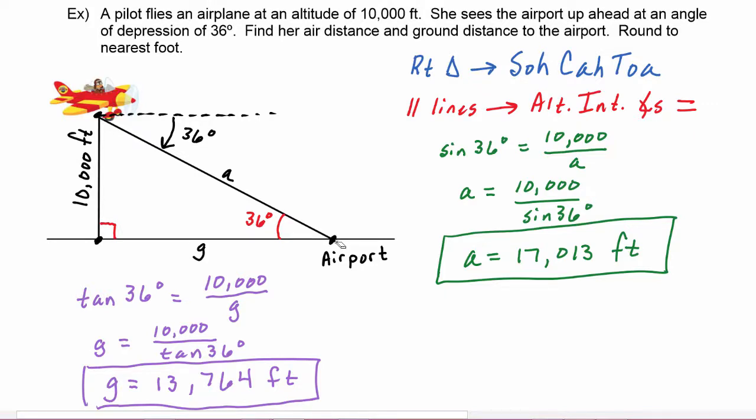Now, since this is a word problem, we would want to state our answer in a sentence.